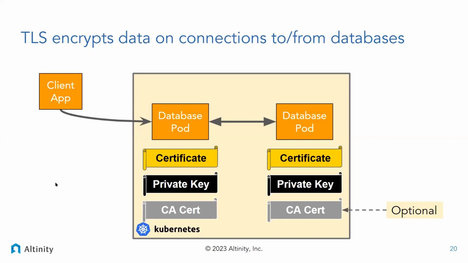In that case, you're going to have to let the server know about the certificate authority certificate. Otherwise, it won't be able to verify the certificates. So you'll need to pass that in, and I'll show you an example of how to do that.